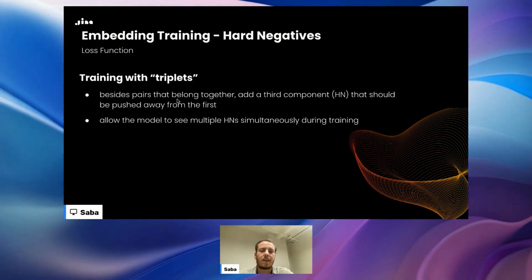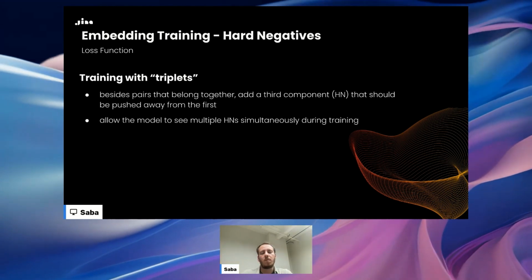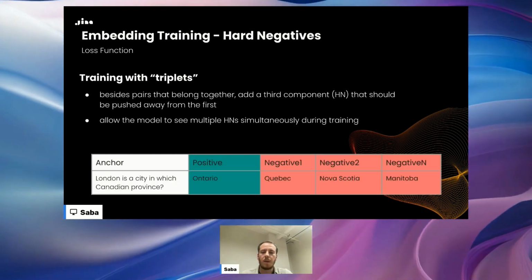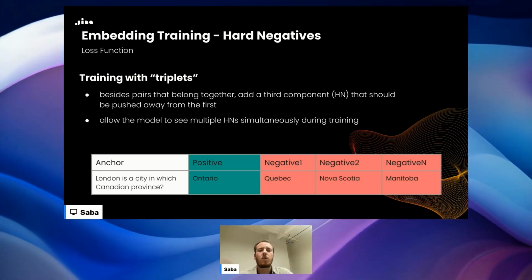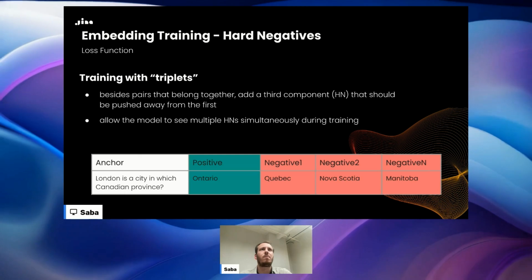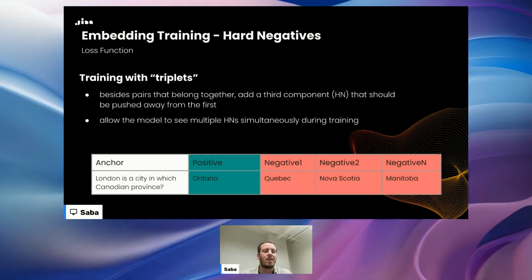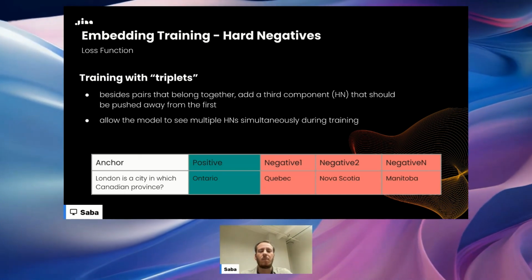So here, what are the triplets? Basically, we mine triplets. Right now, we don't create our negatives like in the previous stages, where we have positive pairs and negative pairs but create the negative pairs randomly from the dataset.